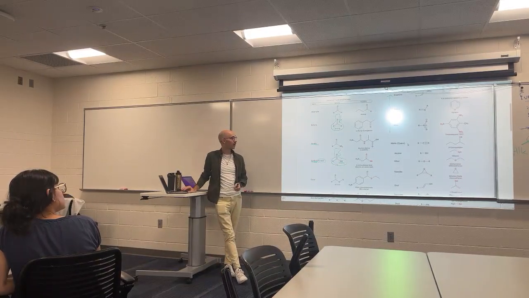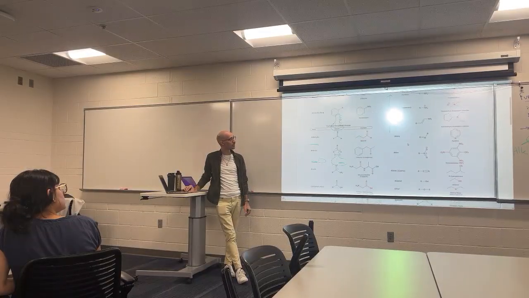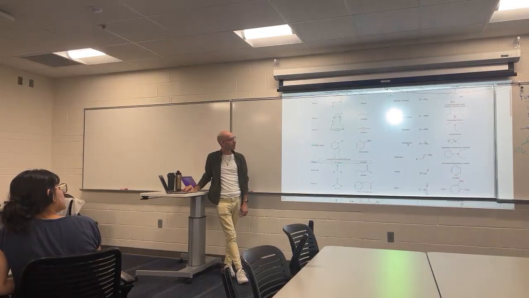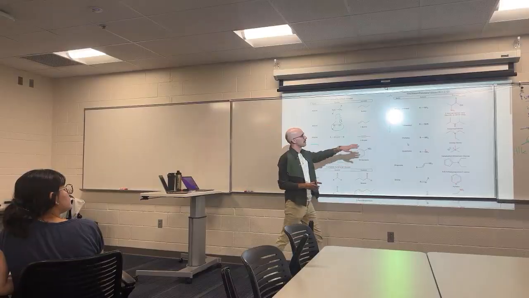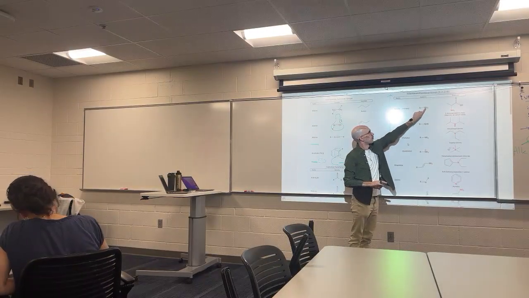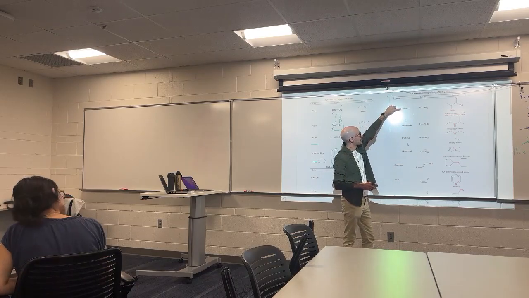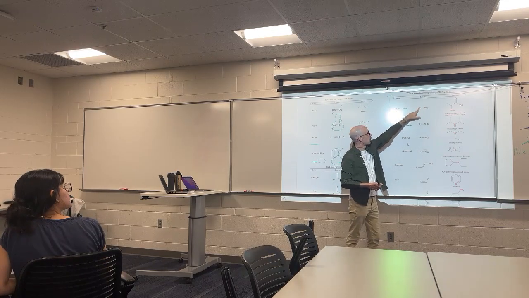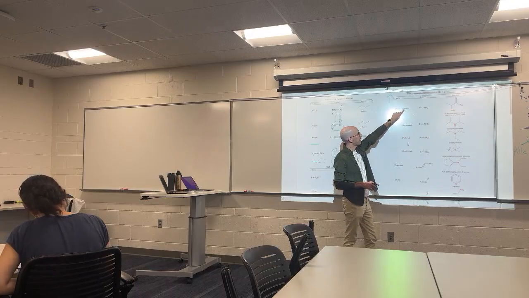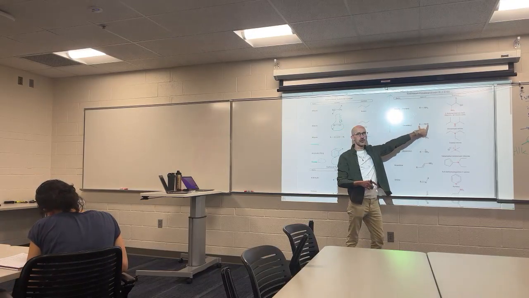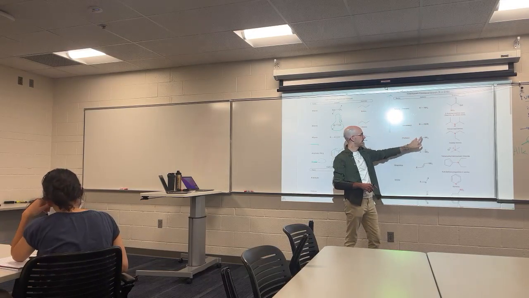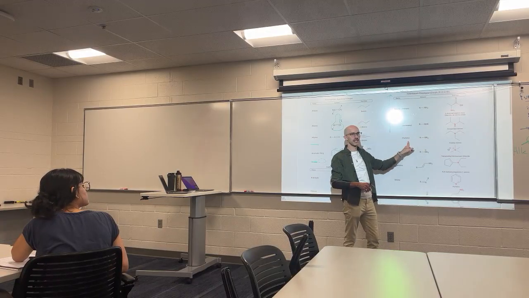I'm just going to scroll up, which is going to ruin everything else. The amine has this nitrogen group bonded to a carbon chain. But you'll notice we actually differentiate. If that nitrogen is only bonded to one carbon group, it's primary. If it's bonded to two carbon groups, it's secondary. If it's bonded to three carbon groups, it's tertiary.